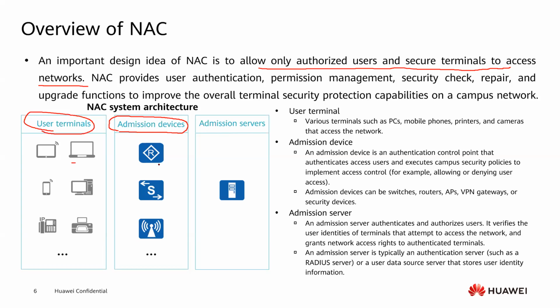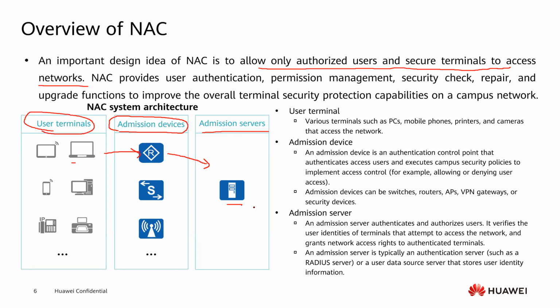It is the point or device that can receive the terminal's identification, and then it sends this identification to the admission server, like a RADIUS server, also called the authentication server. When it sends the identification to the server, the server verifies the authentication.